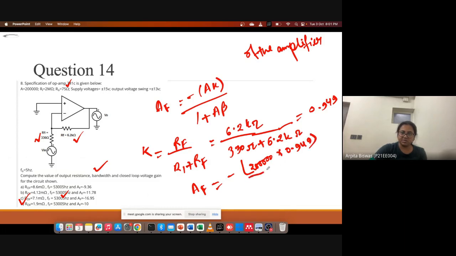Then we have to find out 1 plus A beta, with the value of beta we have previously calculated, which is 0.0535. So what is the value of it? It is coming around minus 16.95. This is the answer. So option C is the right option.